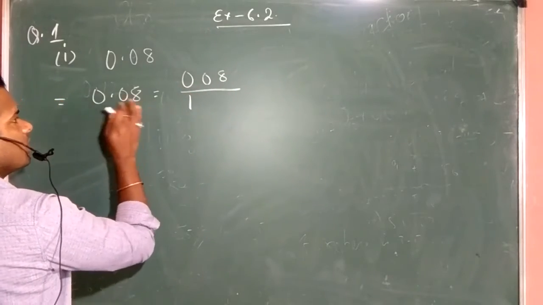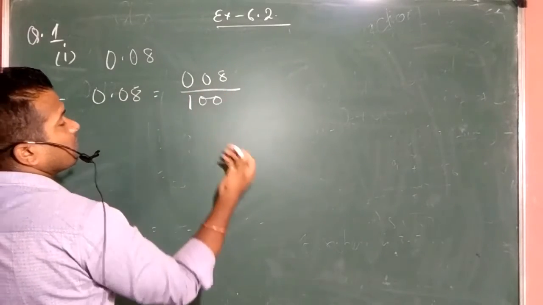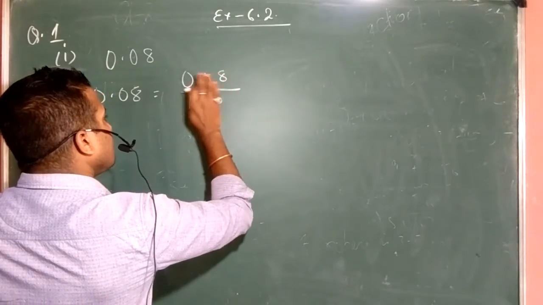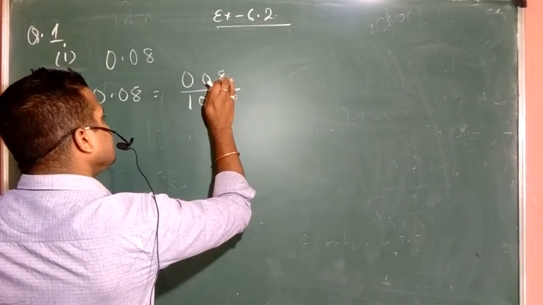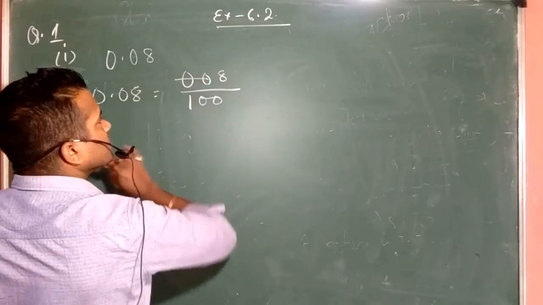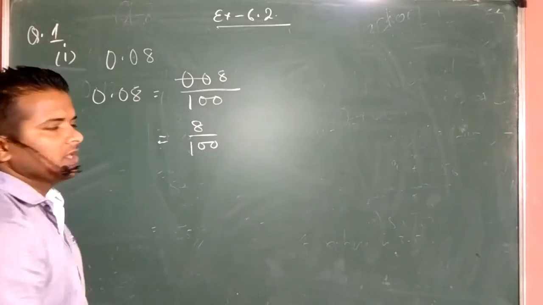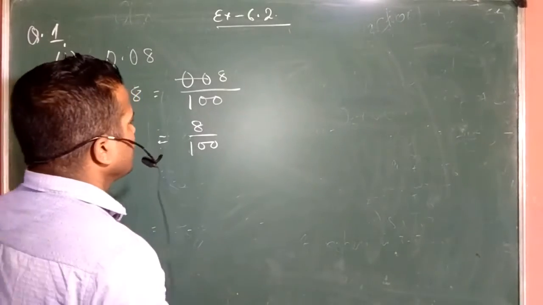Now from the right side, 1, 2, we have 2 digits, so 100. But you know that the zeros before the digit 8 are of no use. That means we have 8 by 100.